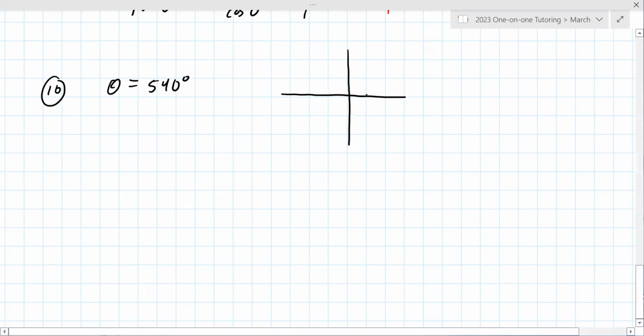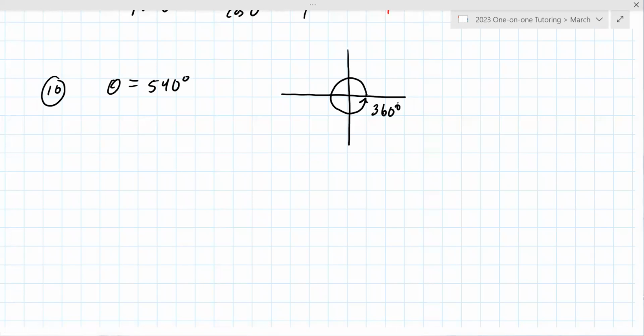So if you go all the way around the unit circle, how many degrees is that? It's 360, just like in a circle. So there's what's called a coterminal angle, which you don't need to know, I'm guessing, in this class. But you need to know that if you go all the way around, that's 360. And if you go another 90, that's really 450.